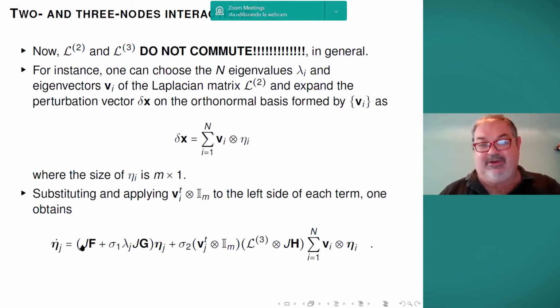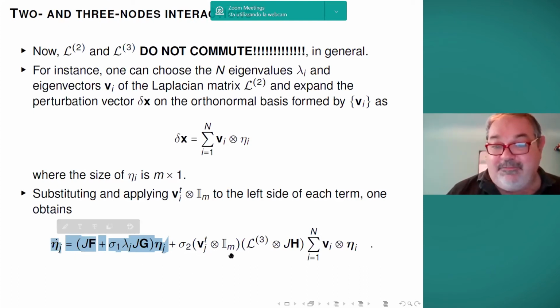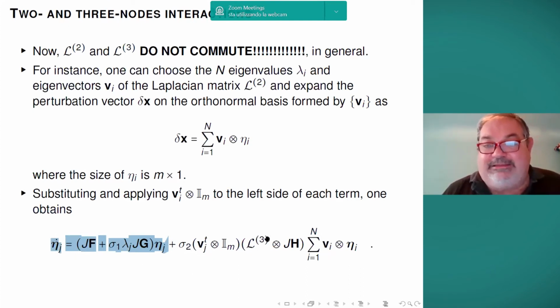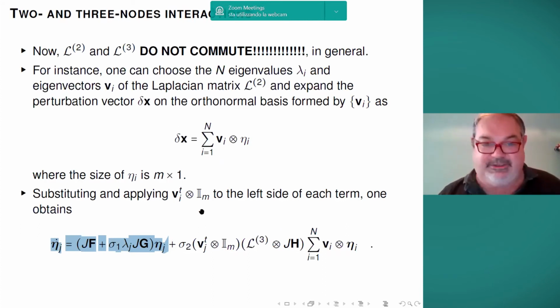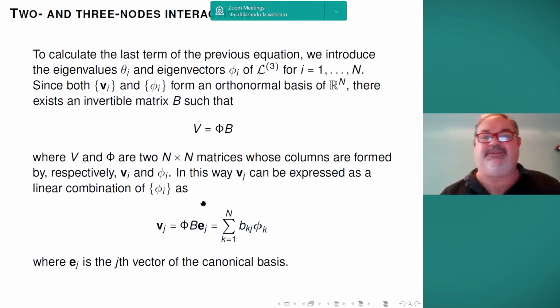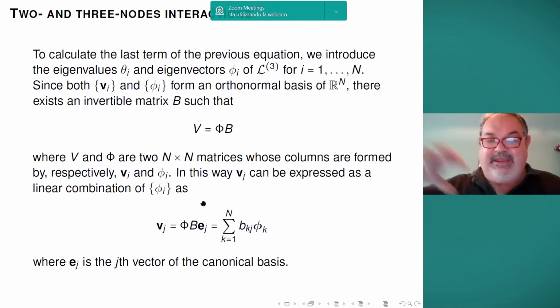Since this is diagonalizable, this part of the equation will be, of course, variational. But this other part takes into account the fact that L3 is not diagonalized by the same eigenvectors. However, since it is diagonalizable, and there is another basis which is also orthonormal, there will always be a unitary transformation from one basis to the other.